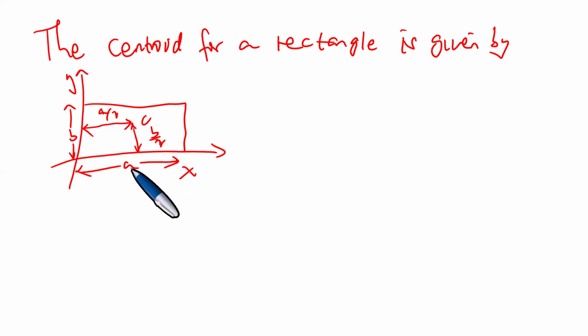In other words, to find the centroid of a rectangle, you take A divided by 2 and B divided by 2 also.